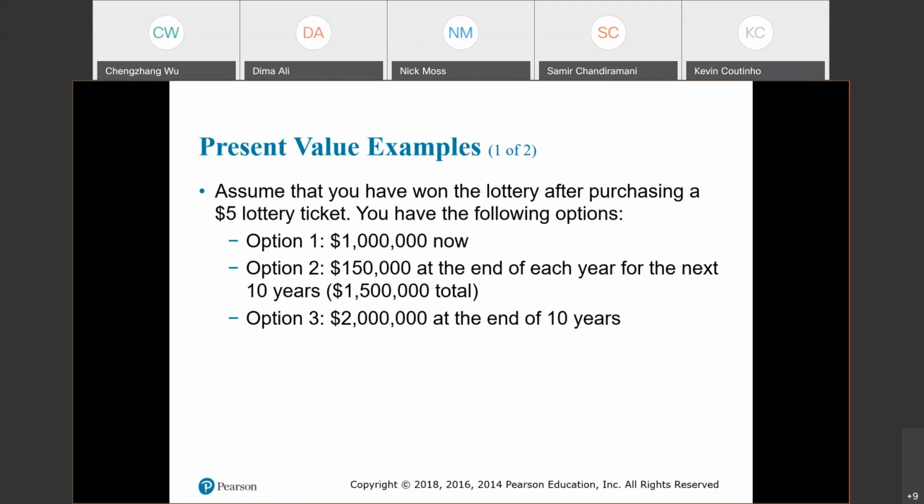And option number three is to receive $2 million at the end of 10 years. So which option would you choose?